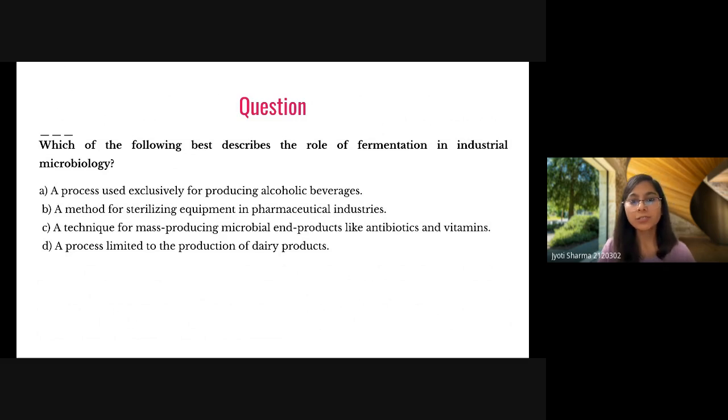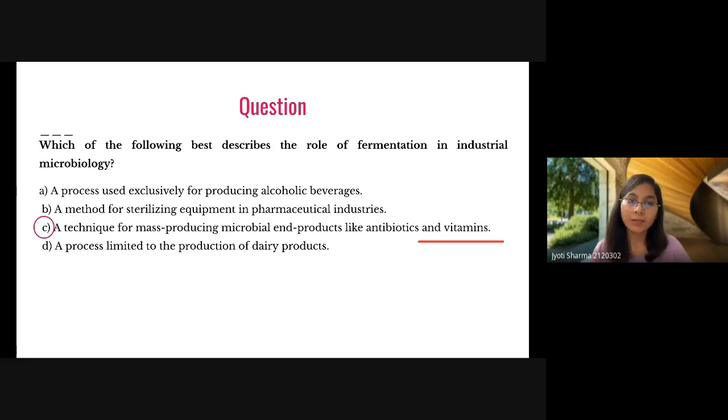Okay, the next question is about the role of fermentation, because in microbiology there is the application of microbiology in industries where we do a lot of fermentation. So what can best describe the role of fermentation in industrial microbiology? After fermentation, most of the time the end products are antibiotics and vitamins, and these are used in the pharmaceutical world.